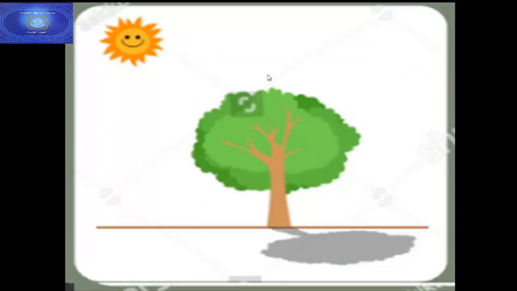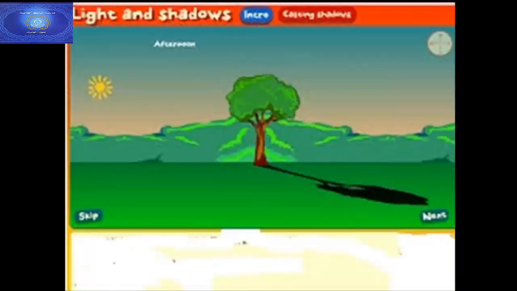If the sun is on the upper left side, the shadow is located opposite of the sun's position, here in this side, in this position. Like this also, the shadow of a tree forms opposite the sun's position.